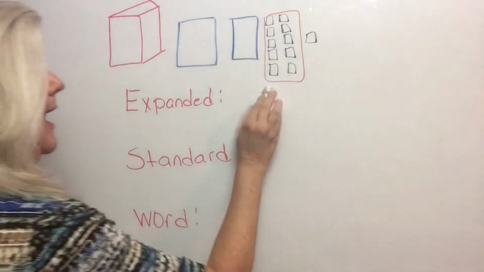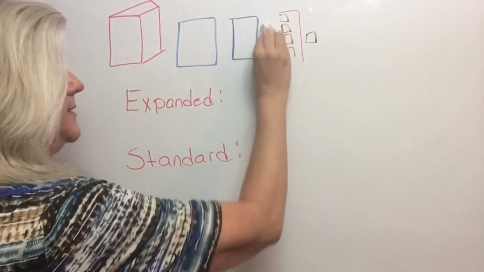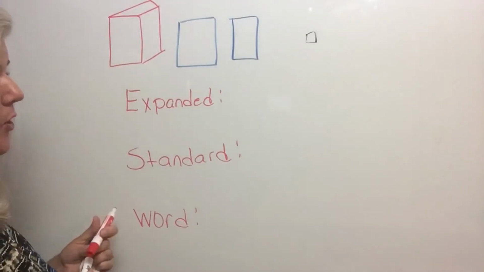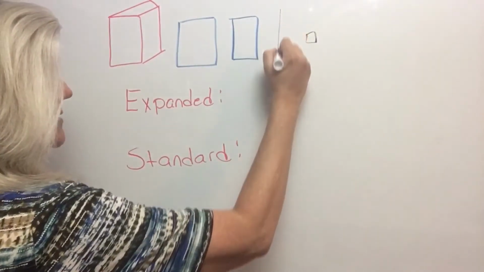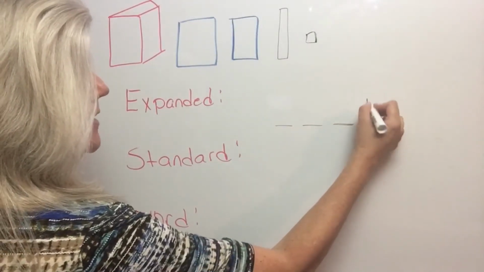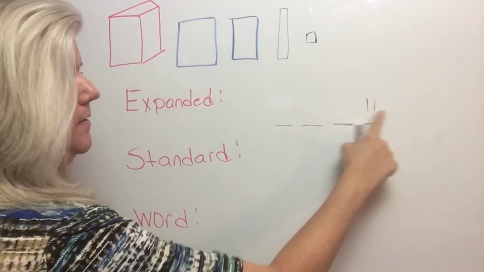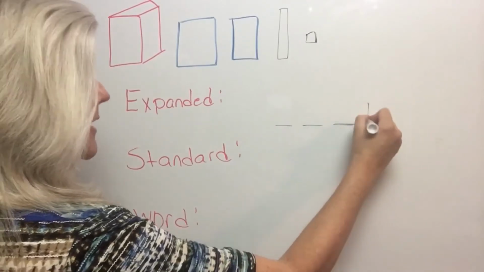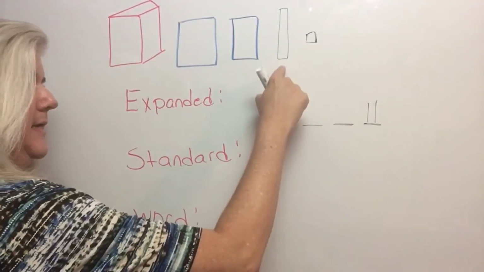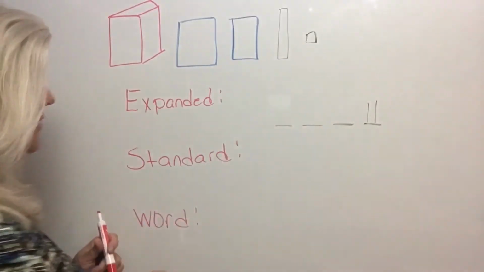So if I have 10 ones, I'm going to make this into a 10 stick. Now on your paper, it has 11 ones. But when I am writing numbers, I cannot put an 11 in the ones place. So instead, I'm going to make a 10 stick with 1 left over.